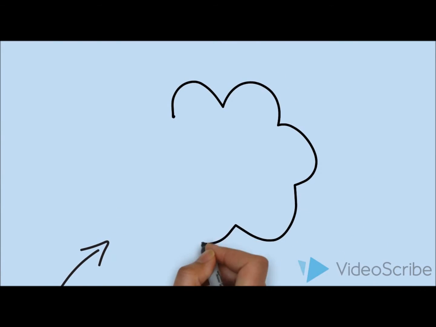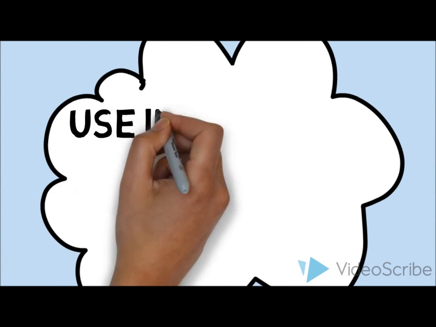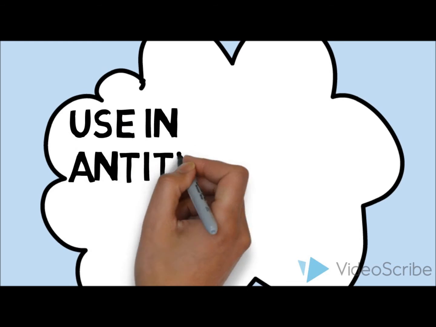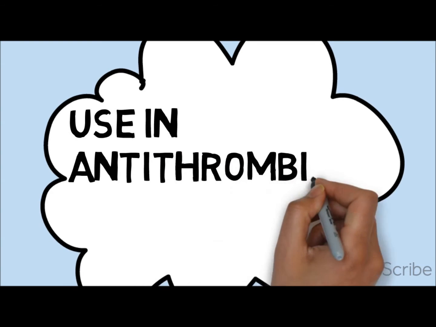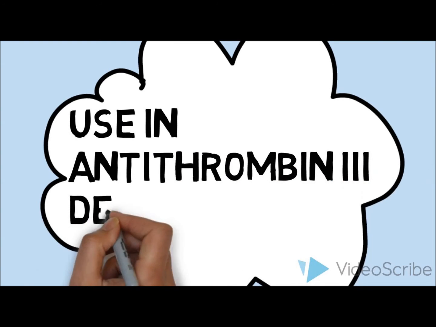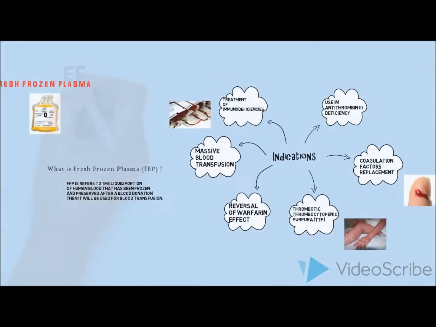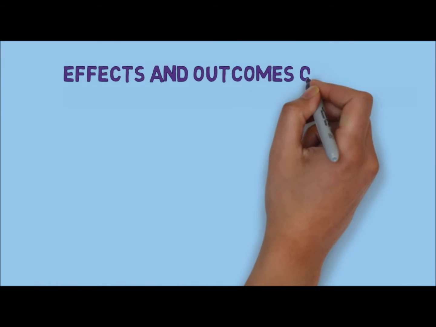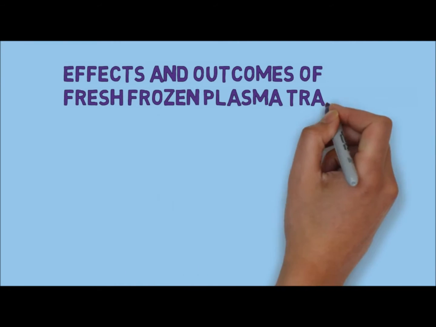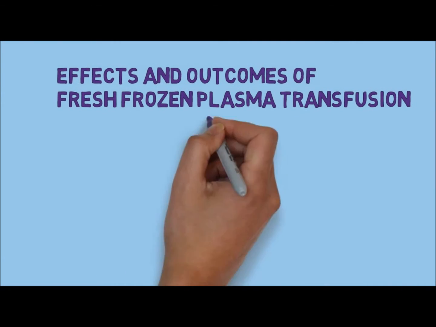And the last one, it is used in antithrombin 3 deficiency, meaning FFP can be used as a source of antithrombin 3 in patients who are deficient of this inhibitor and are undergoing surgery or who require heparin for treatment of thrombosis.